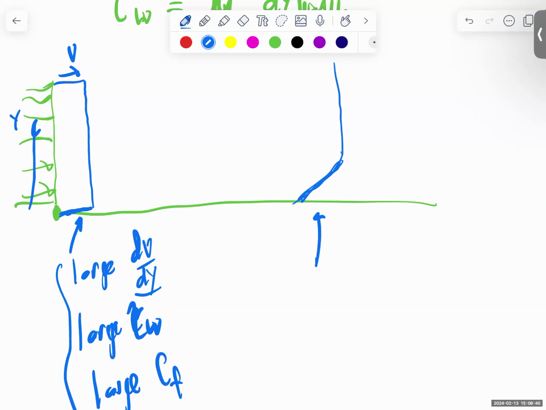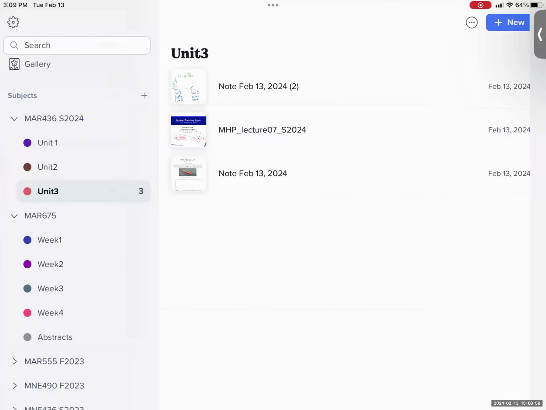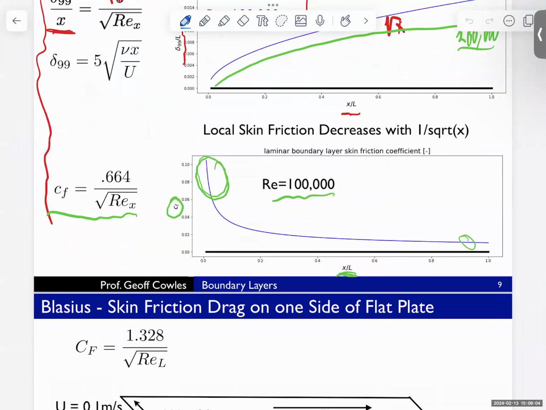Here is a relaxed du dy, which means that tau wall is smaller and CF is smaller. So you can see how as we go down the plate and the boundary layer grows, it relaxes this condition at the wall. And this gives rise to this distribution that we see drawn out here analytically from Blasius' solution, where you get this maximum skin friction at the wall.